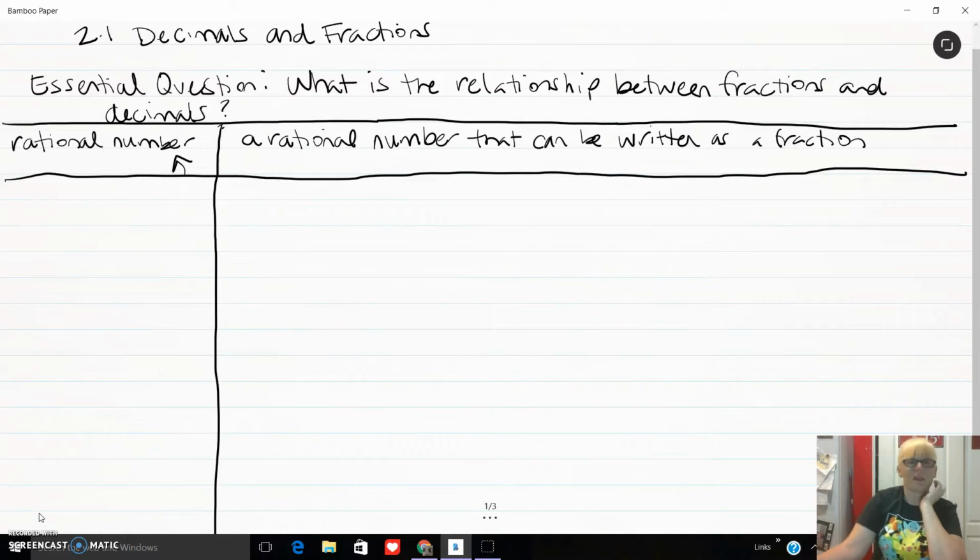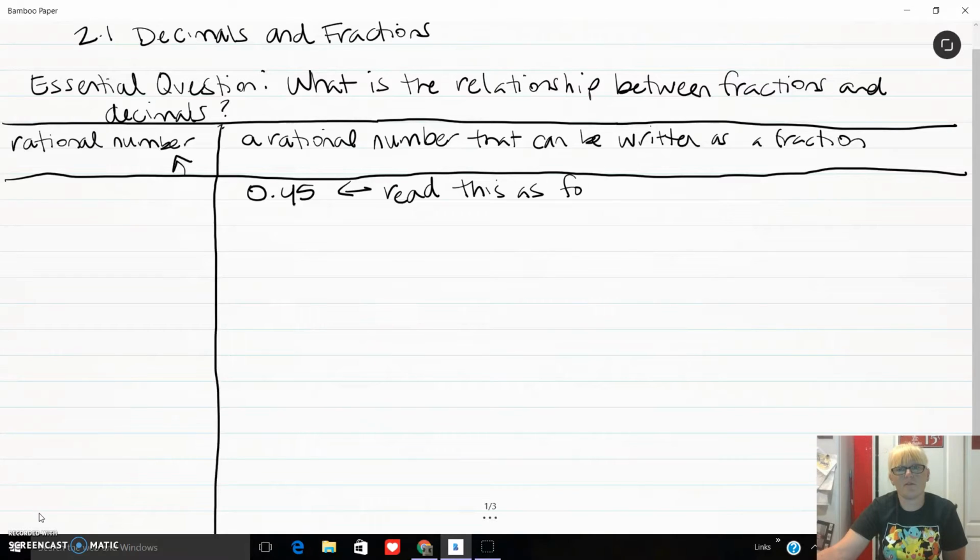All right. So first thing we're going to do is how do you change a decimal to a fraction? So I'm starting off with 0.45, which I'm going to read or say out loud to myself as 45 hundredths.